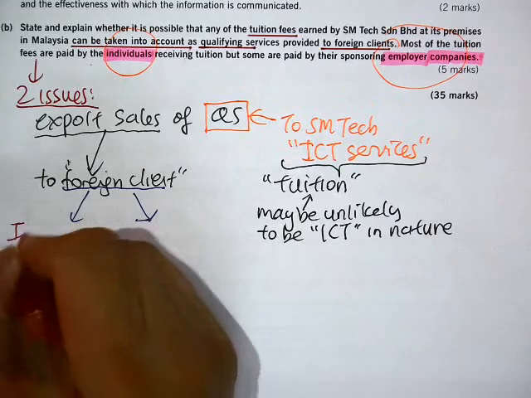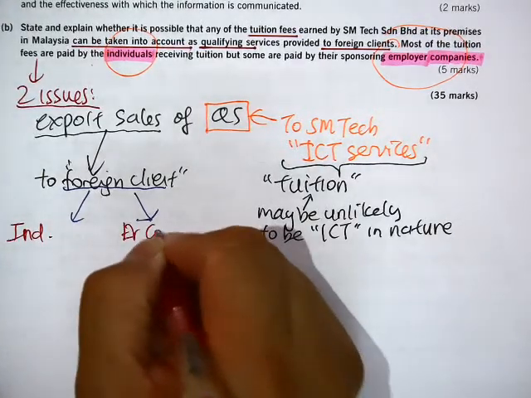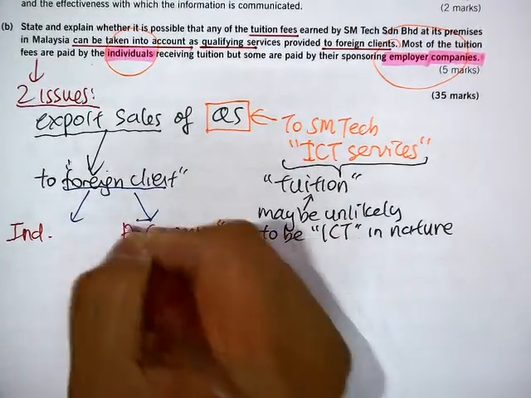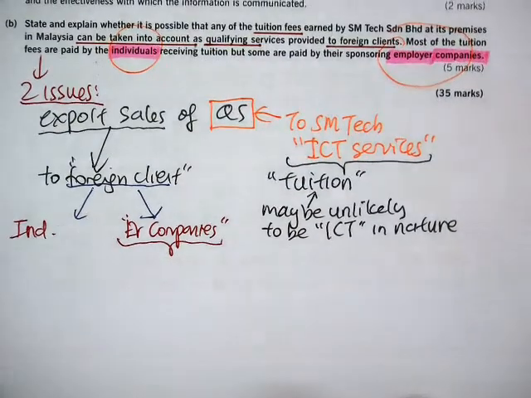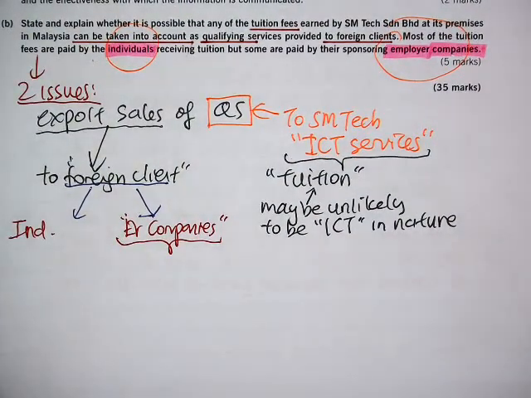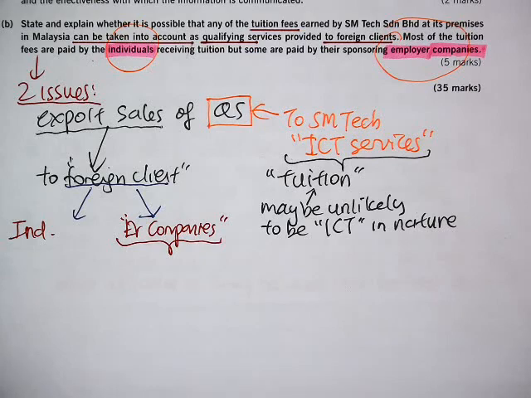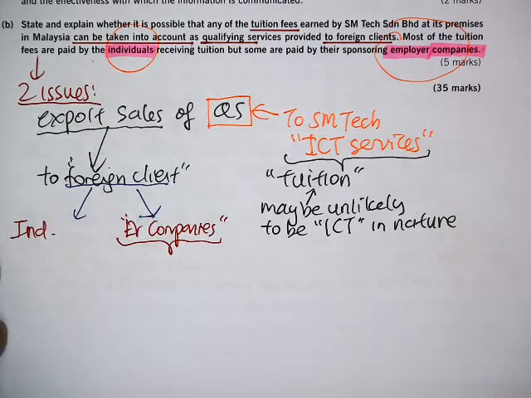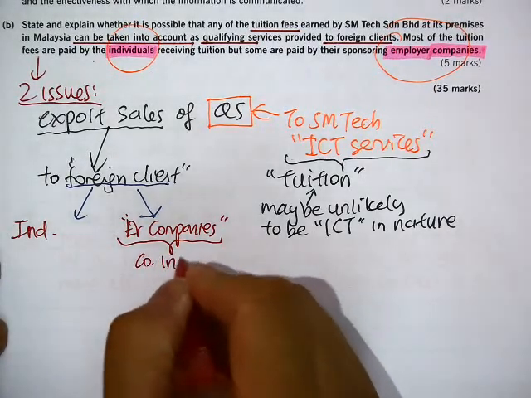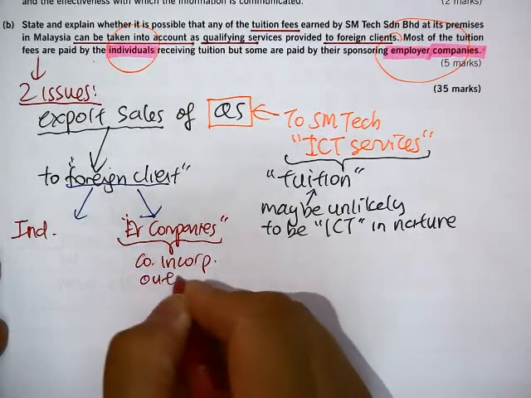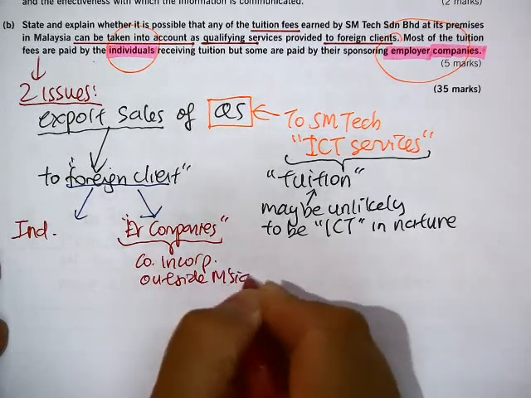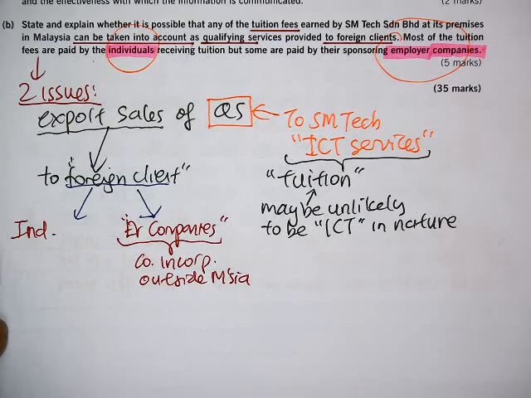Okay, so if it's companies, then to be foreign, they must be company incorporated outside Malaysia.